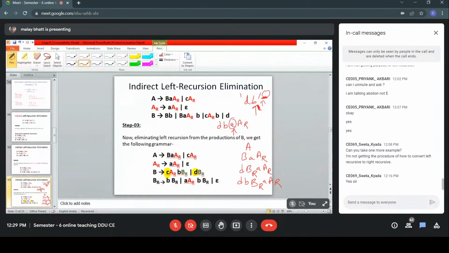You can clearly see the mismatch, because I have derived DB, A and AR, and my requirement is DB and the empty string. That means this string cannot be derived from this grammar. I cannot derive DB from this grammar. If my requirement is DBA, then I can proceed further.